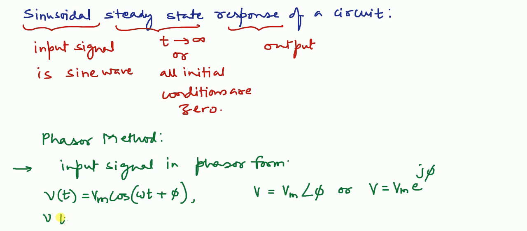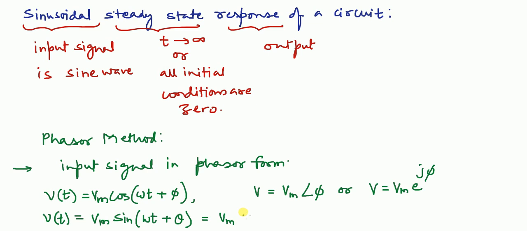If voltage or current is Vm sine(omega t plus theta), then we will write sine in terms of cos, and we know that cos(angle minus 90 degree) is sine angle.